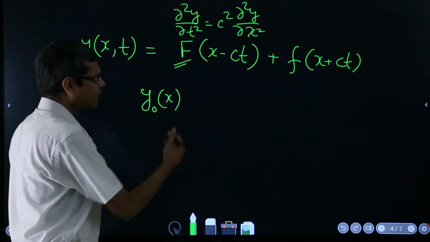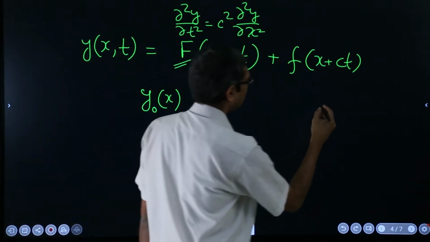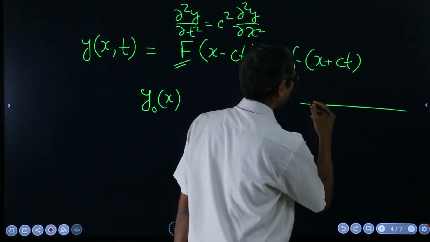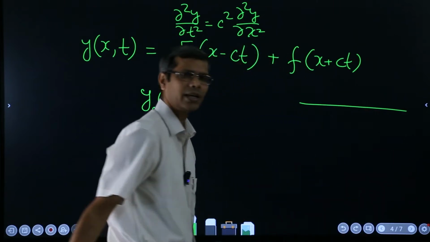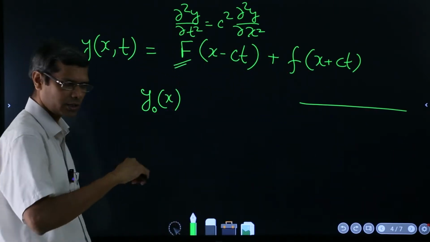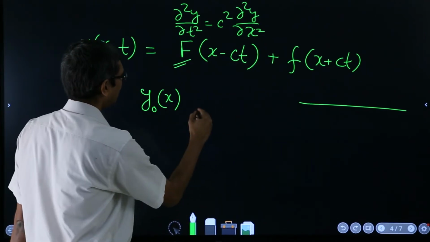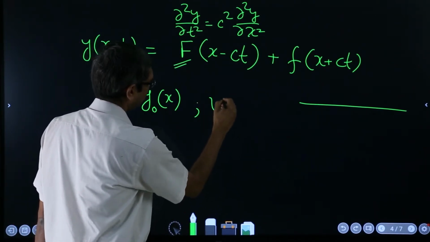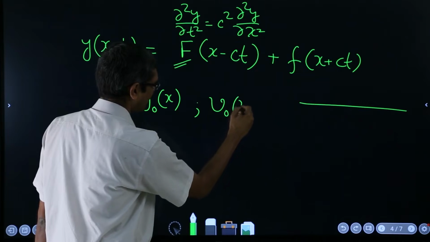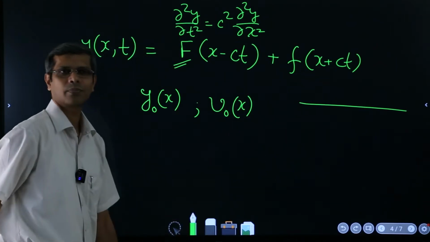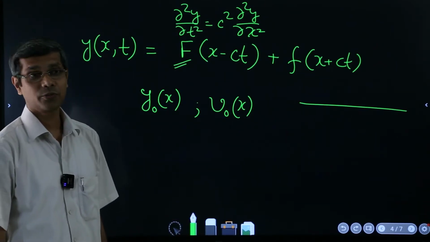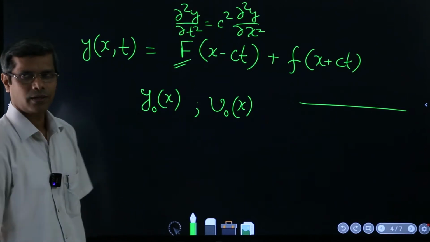Here it has to be a function because the string can be displaced in a particular way and we can start like that. So that displacement function is this, and along with that there can be another v naught of x with which we can start it, right.